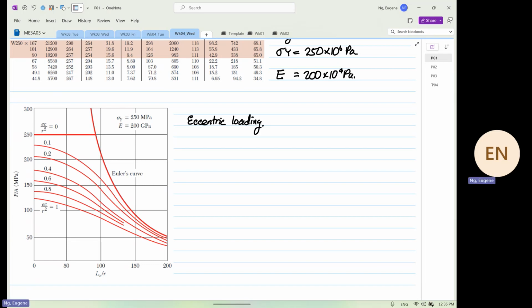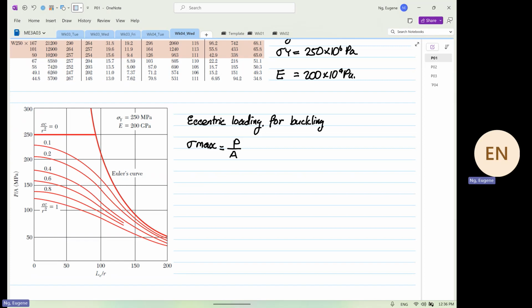and we know that the maximum stress for buckling is equal to P over A. Now this formula will be given in your term test. Okay, I repeat again. This formula will be given in your term test.